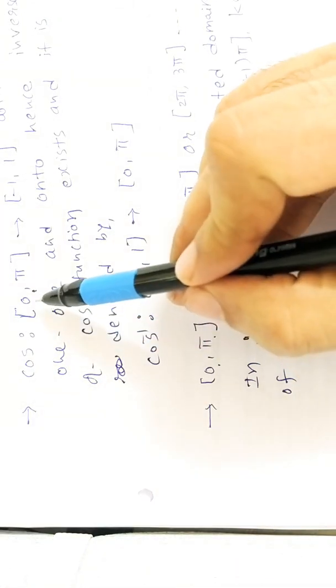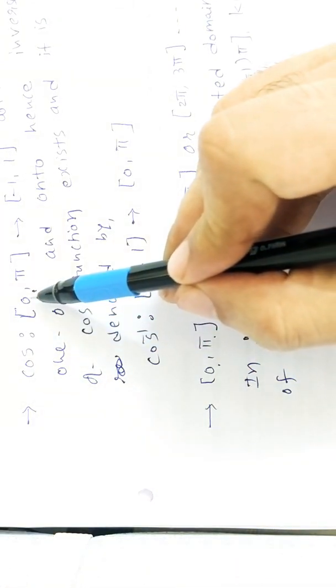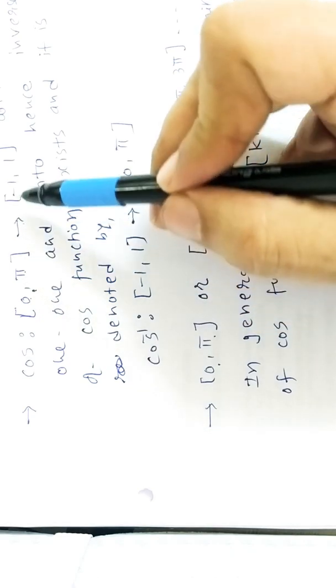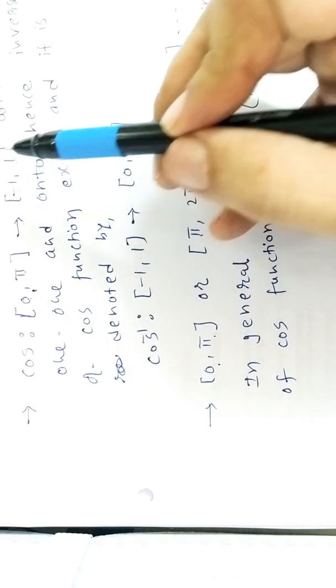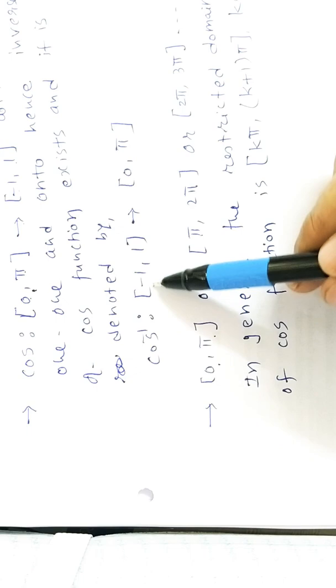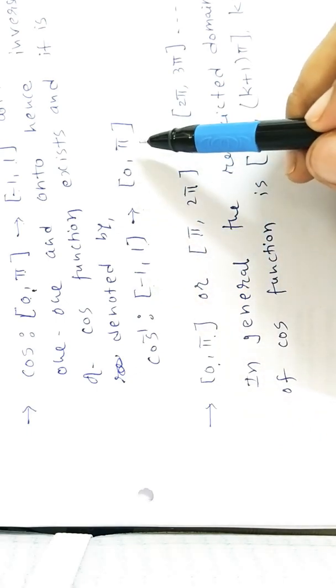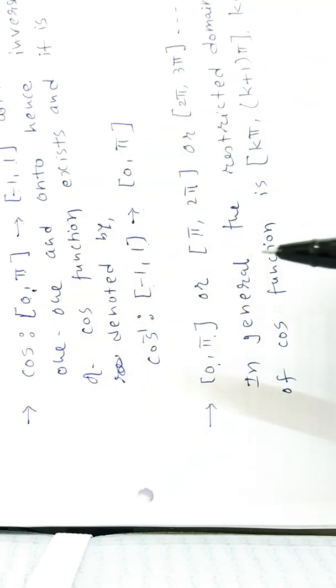The cos function is defined from 0 to pi to -1 to +1, and its inverse is defined from -1 to +1 to 0 to pi. So the domain and codomain will be interchanged in cos and cos inverse.